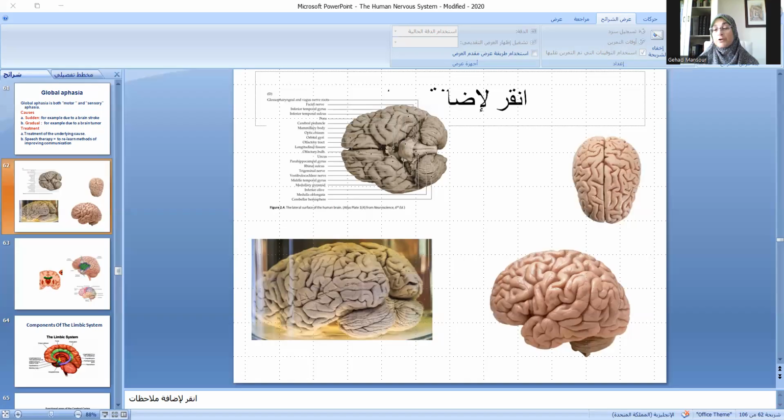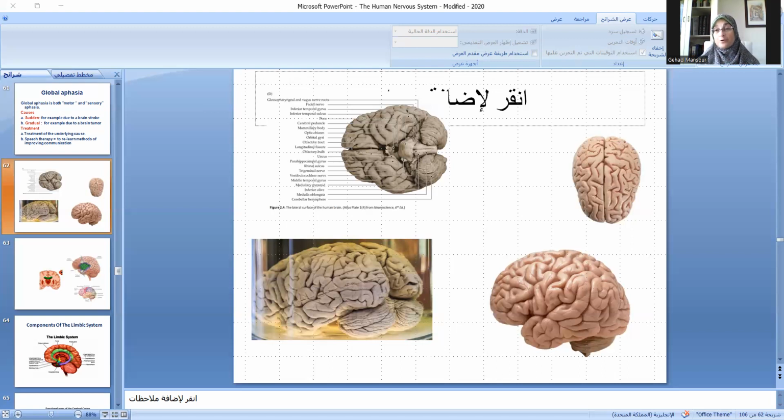The axons reach the olfactory bulb, and then they continue to reach their terminal endings here in the olfactory area. So if that olfactory area is damaged, you might lose smell.